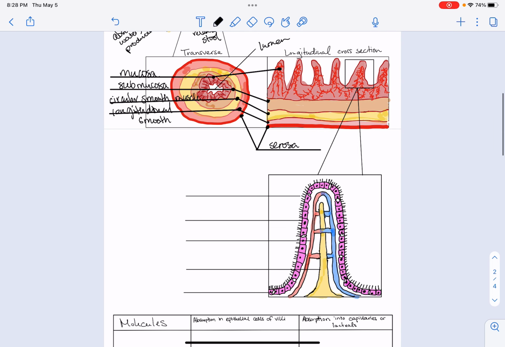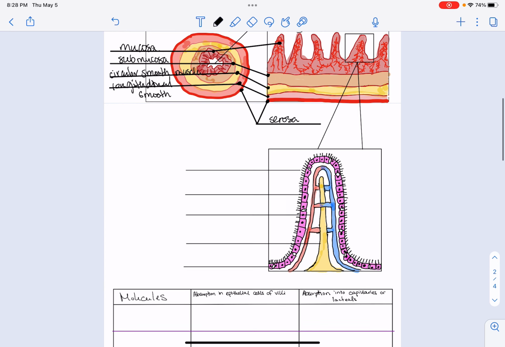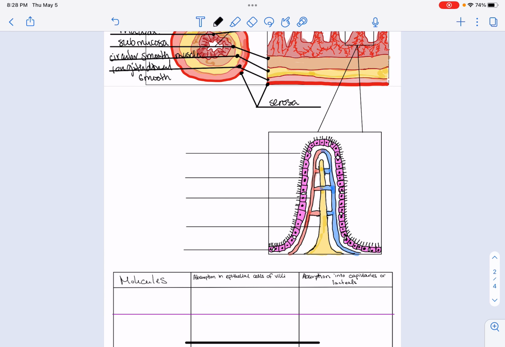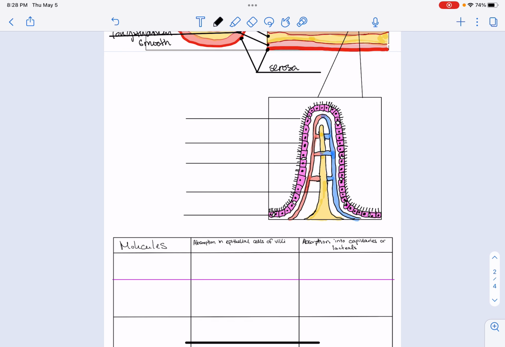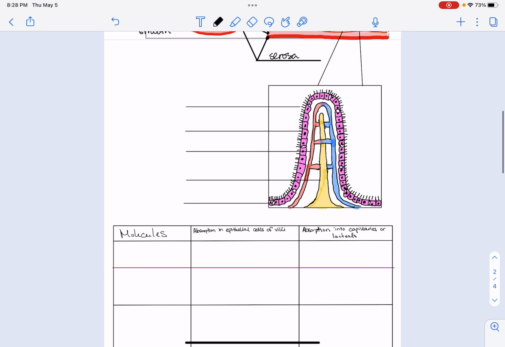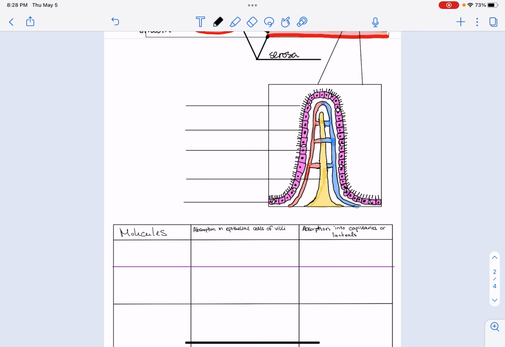This is a specific picture of a villi, up close and personal. So again, the most important thing is you need to know these are the capillaries.